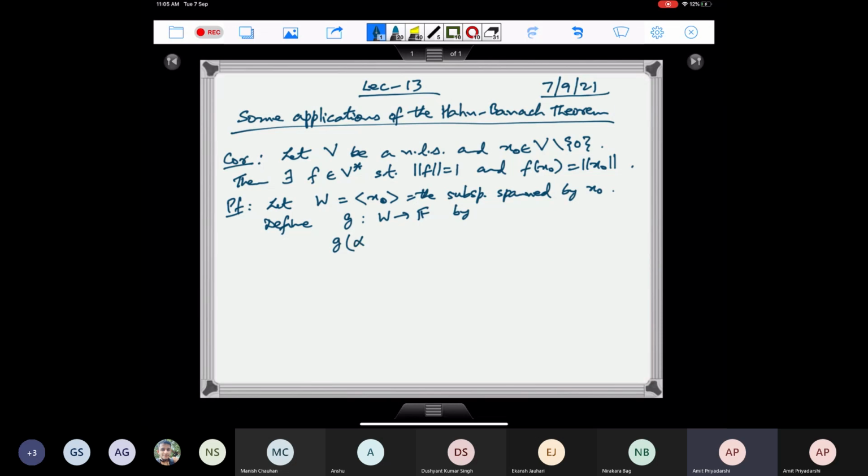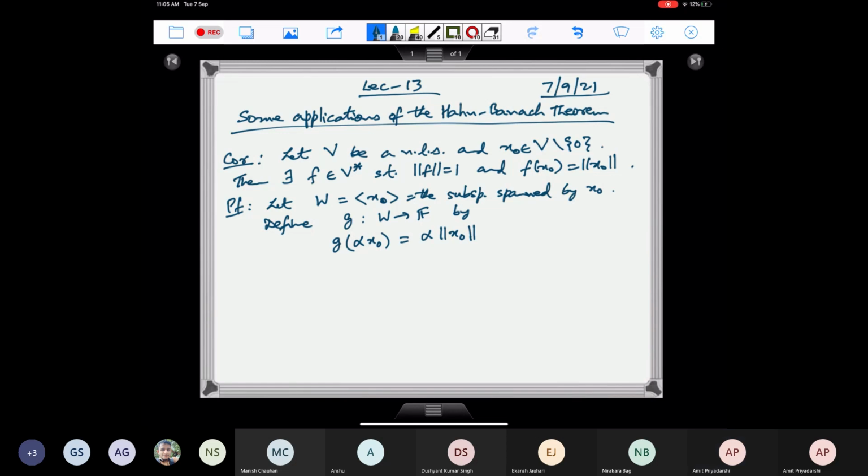So if I have G of alpha x naught, how should we define it? What we want is that at x naught, the value should be equal to norm x naught. So this should be equal to alpha times G of x naught, and we want G of x naught to be equal to norm of x naught. So we simply define G of alpha x naught as alpha times norm x naught.